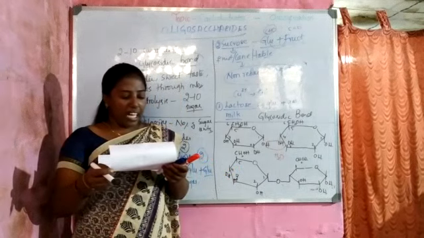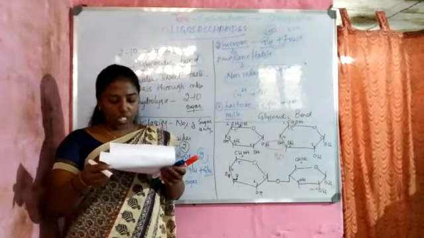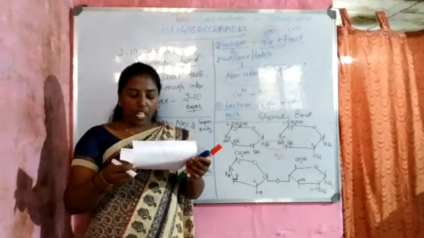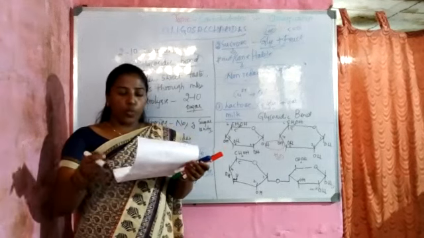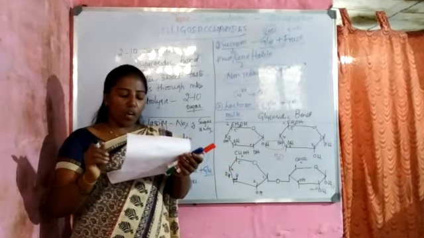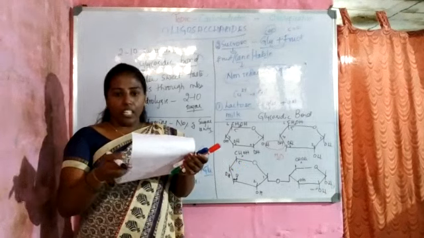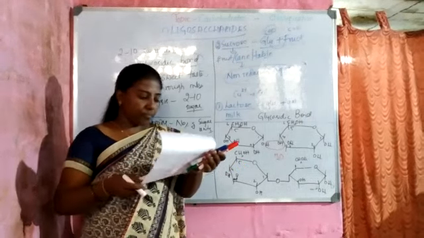The options are A, glucose, B, levulose, nothing but fructose, C, lactose, D, maltose. Lactose is found only in milk, not in honey. So lactose is the answer.